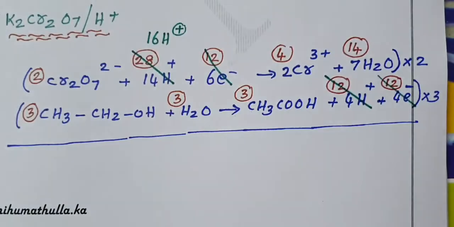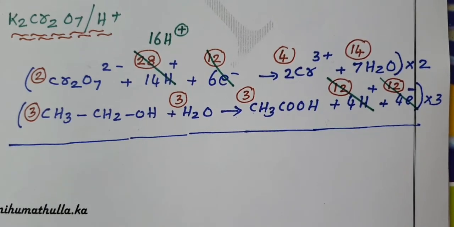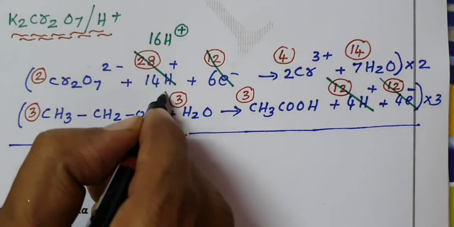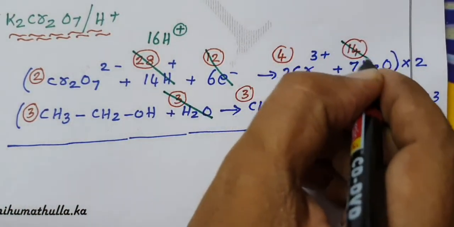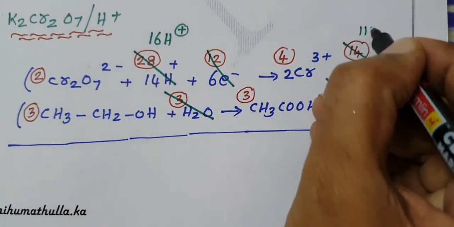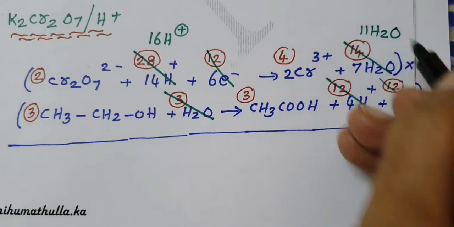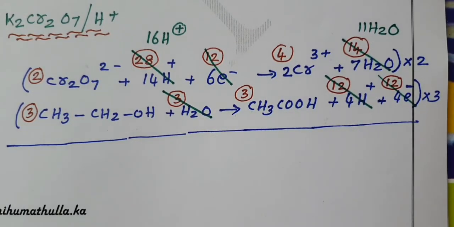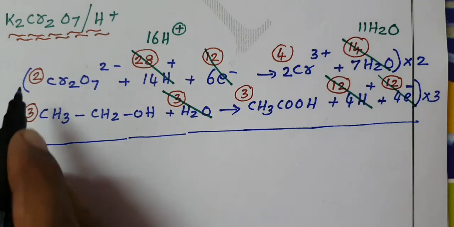Then 3 water molecules get cancelled. Remaining we have 11 water molecules. Any other cancellation? No other cancellation. Just add the two equations and write the final equation.